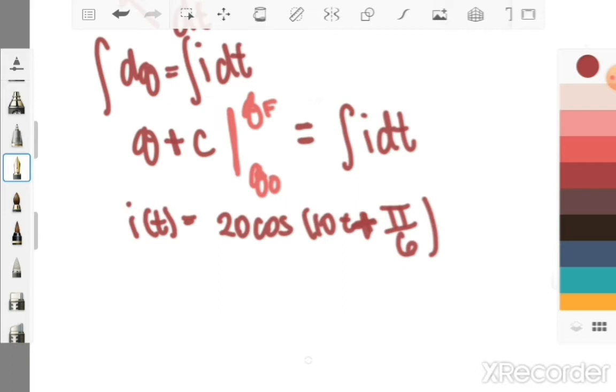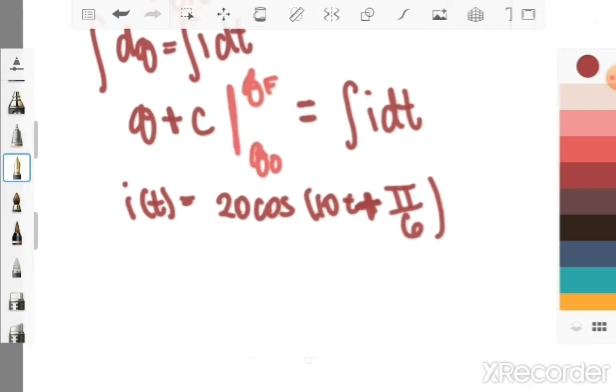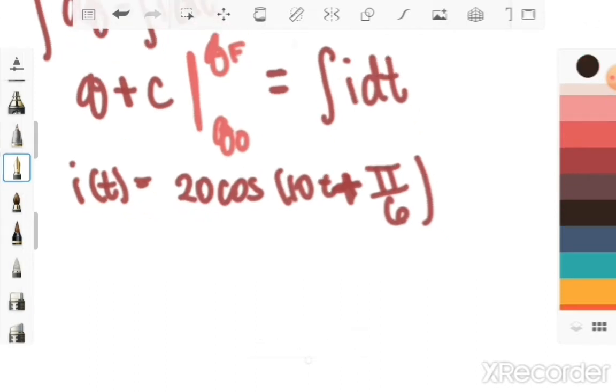How will we solve this one? So, first, you should know the integral of cosine. So, kailangan maalala nyo lahat yan because it would be very difficult for you to answer these questions. But probably since you are at home, pwede kayo mag-open ng net because that is your advantage. Okay?